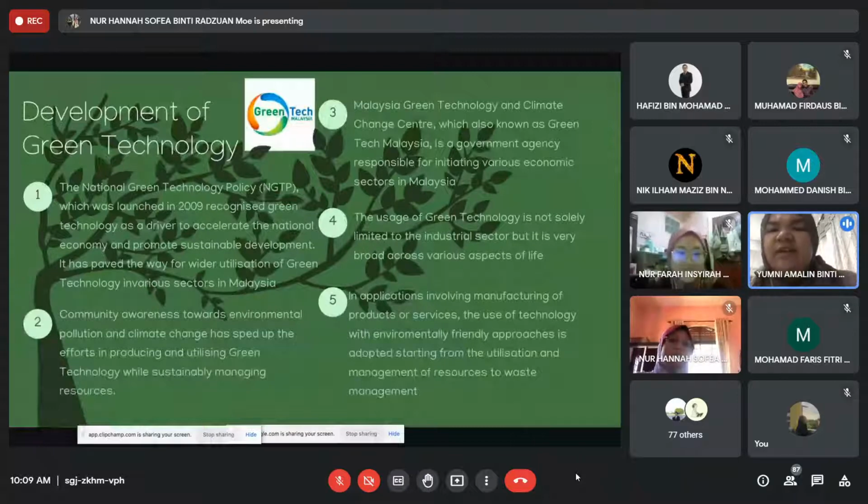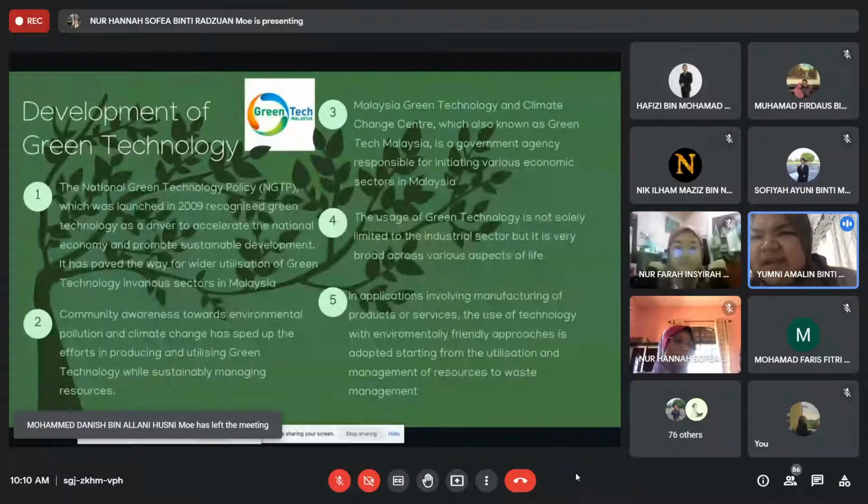Okay, so the development of green technology. The National Green Technology Policy (NGTP), which was launched in 2009, recognized green technology as a driver to accelerate the national economy and promote sustainable development. It has paved the way for wider utilization of green technology in various sectors in Malaysia.